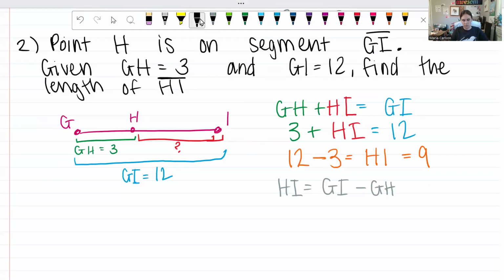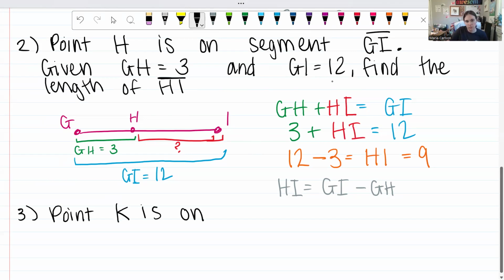All right, let's look at another example. Point K is on segment JL.